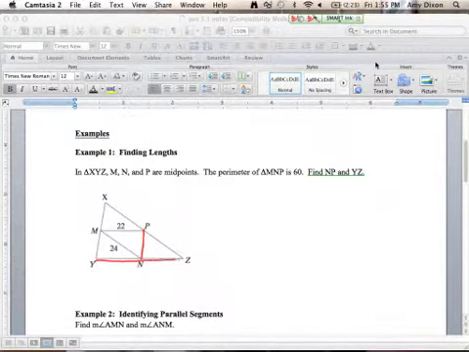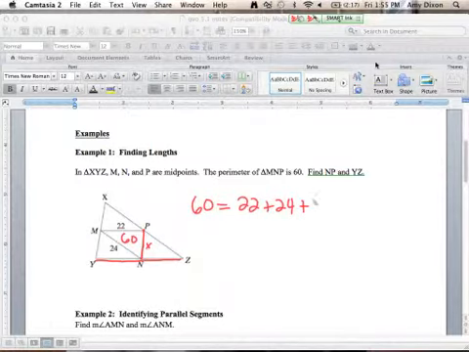What we do know is that the perimeter of this little triangle is 60. To get 60, you have to add up all the sides of the triangle. We have 22 plus 24 plus this missing side, mystery side, we'll call it X, plus X has to equal 60.